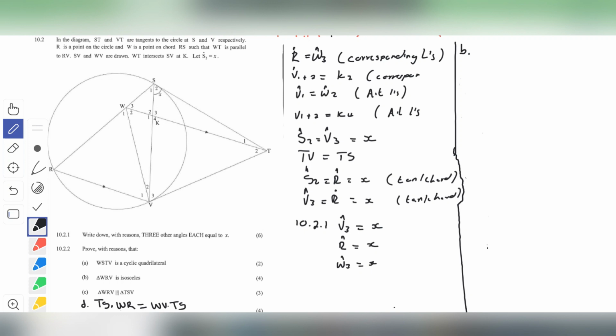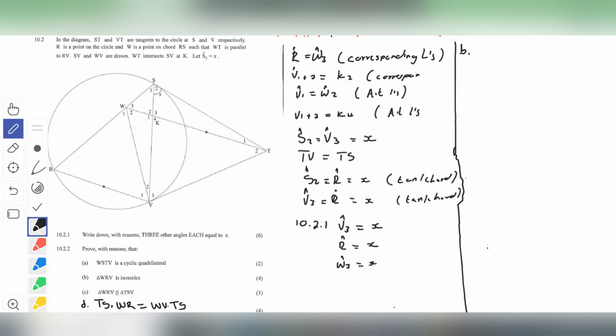So WR is equal to RV or VW is equal to WR. We don't know, right? So we are either going to prove the sides or the angles, meaning either angle R is equal to angle W1 or angle V1, right?